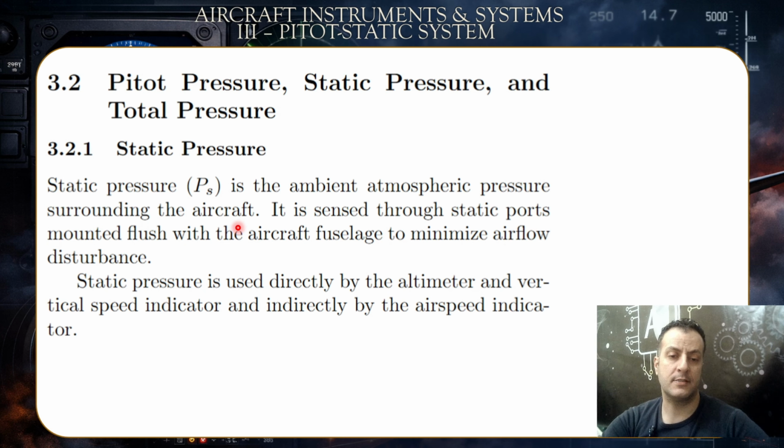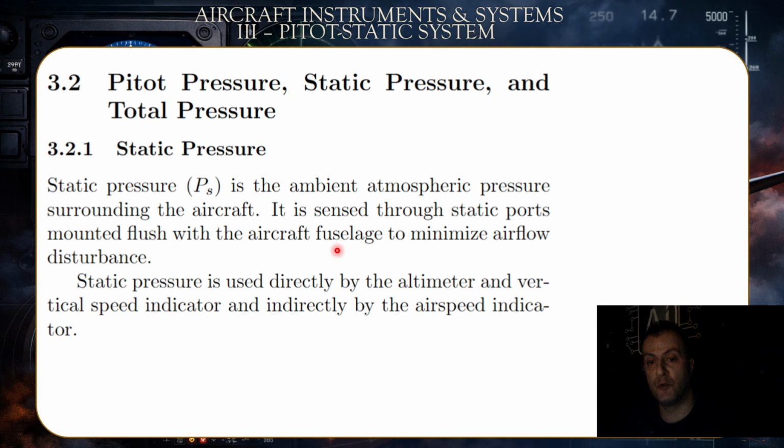All right, now let's start talking about the static pressure. So what is the static pressure? It is the ambient atmospheric pressure surrounding the aircraft, sensed through static ports mounted flush with the aircraft fuselage, to minimize airflow disturbance.